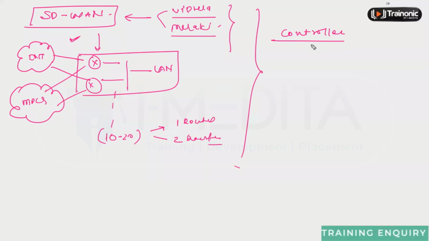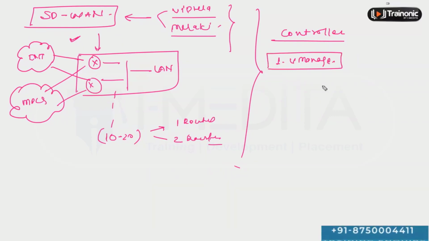The controller that SD-WAN uses is called vManage. This is one of the controllers that the Viptela-based SD-WAN uses. V stands for Viptela, and vManage is the name of the controller in the SD-WAN solution which is responsible to do all the management tasks from a centralized point. You can say vManage is the centralized management plane.